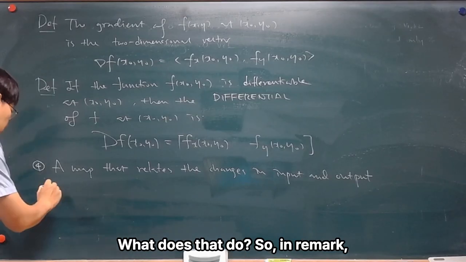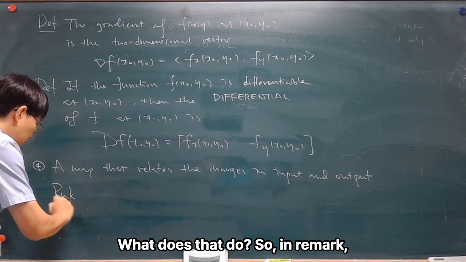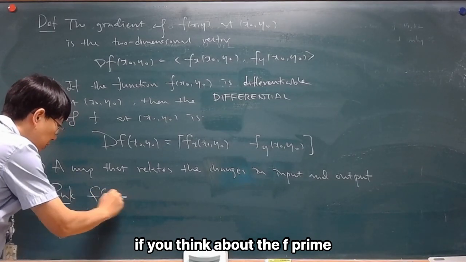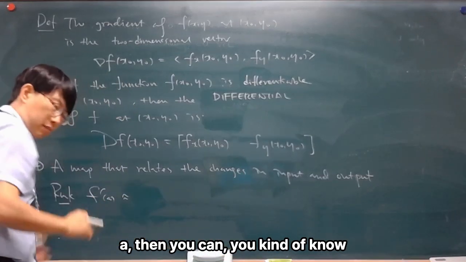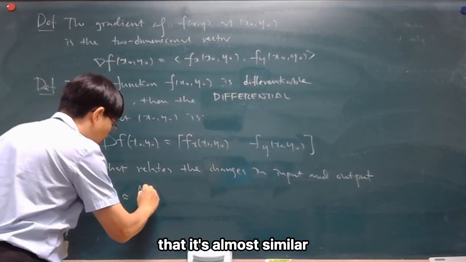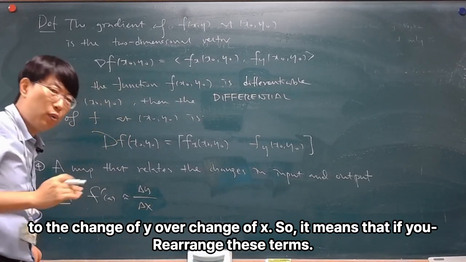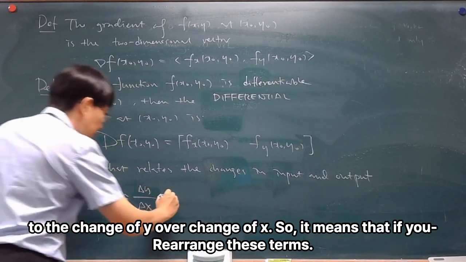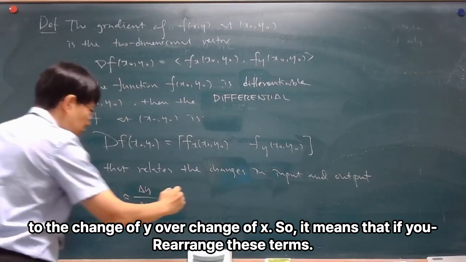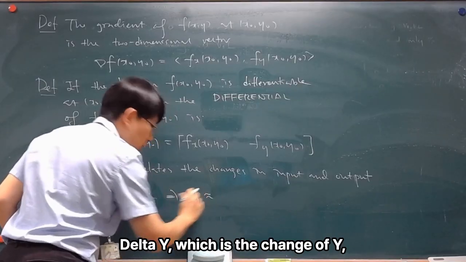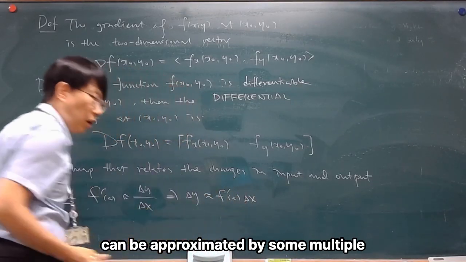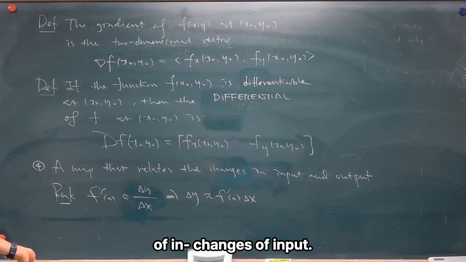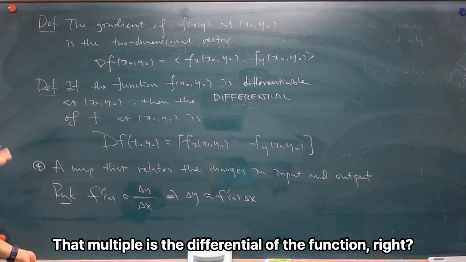What does that do? In the remark, if you think about f prime a, it's almost similar to the change of y over change of x. So if you rearrange these terms, delta y, the change of y, can be approximated by some multiple of changes of input. That multiple is the differential of the function, right?